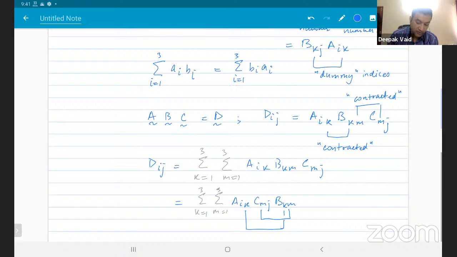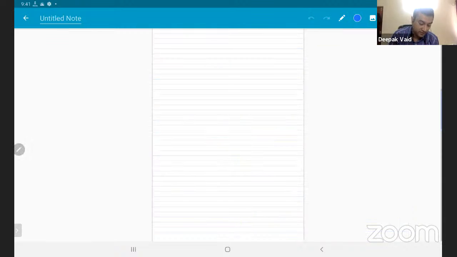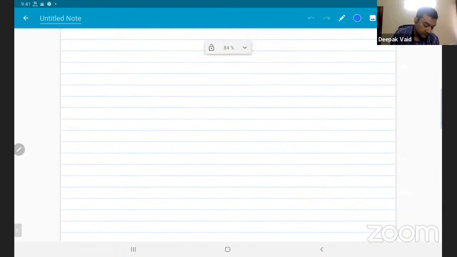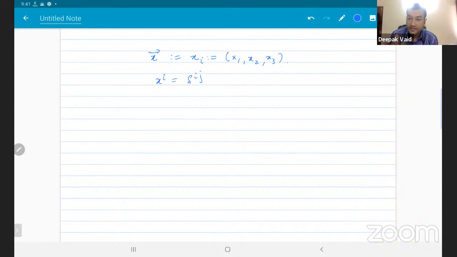So for vectors which are spatial vectors, for a vector x which has components xi, x1, x2, x3, how would I raise or lower indices? I would raise an index by using my spatial metric, right? So what is my spatial metric?